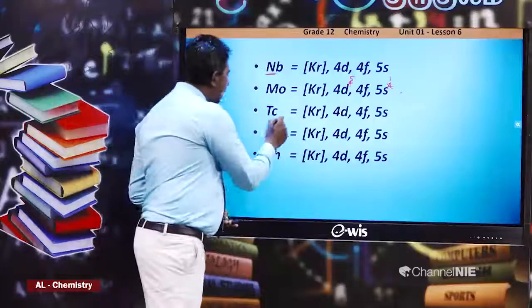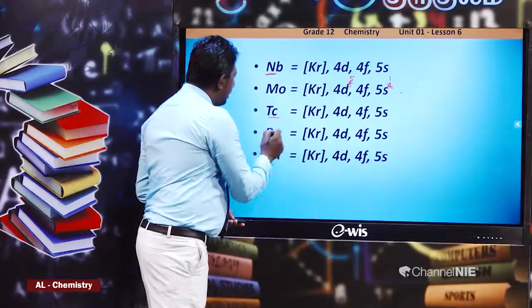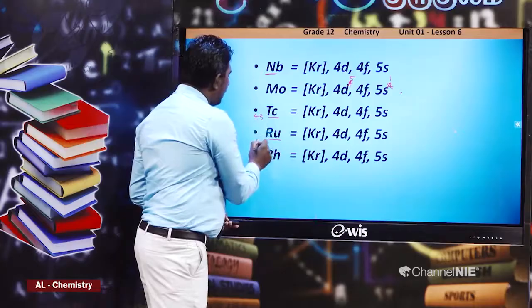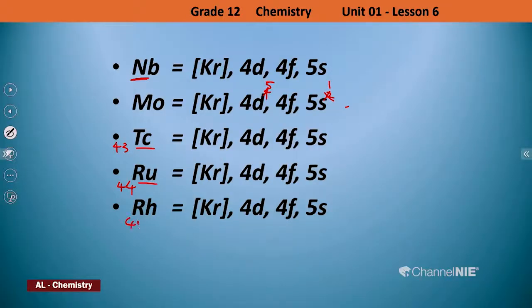And here I am going to skip these, the 43rd, 44th, 45th. I am going to skip those for a reason. Logically, what we need to have are 5s2 4d5, 5s2 4d7, 5s2 4d8, 5s2 4d9 as the electronic configurations we are going to have.